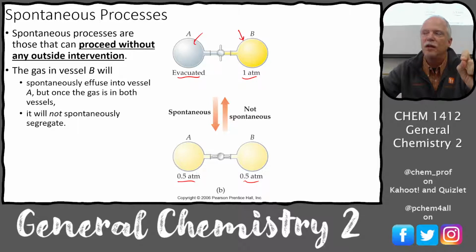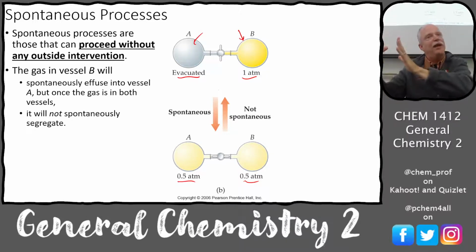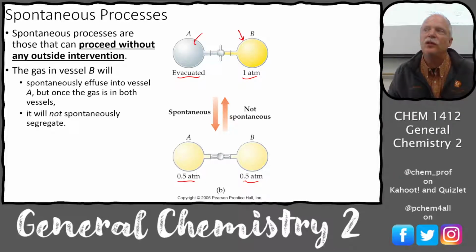No. Statistically, it's not impossible. But it's incredibly improbable. Okay? And so just with natural forces, it's not going to just flow all back into B and we have all the gas in one half of the vessel. In fact, if you were to see that, you would start asking questions because it's so improbable.